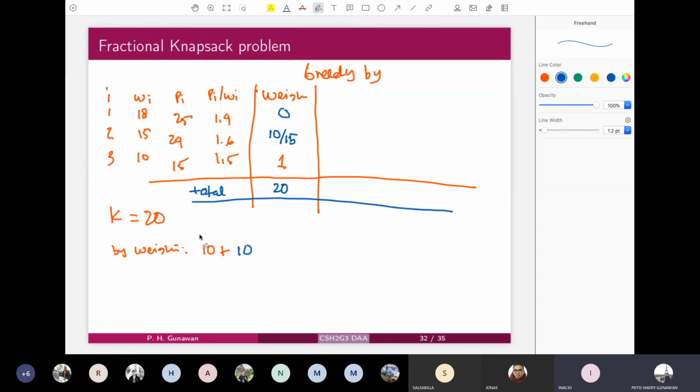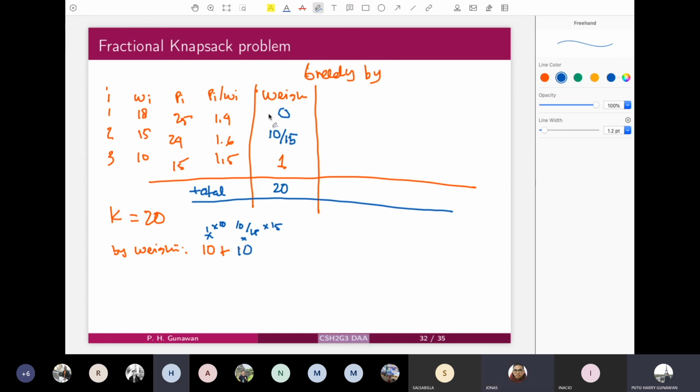For instance, 1 times 10 is 10, and this one is 10 over 15, so the total is 20. Sorry, this is 15 over 10, so it should be 10 times 15.